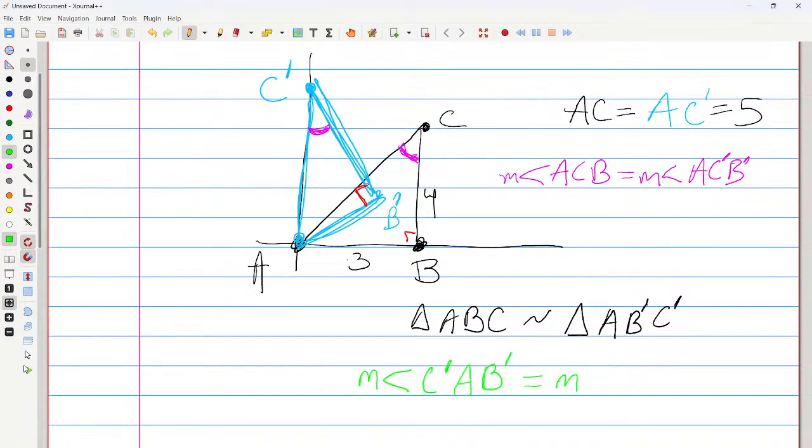It's equal to the measure of angle... What is that equal to?